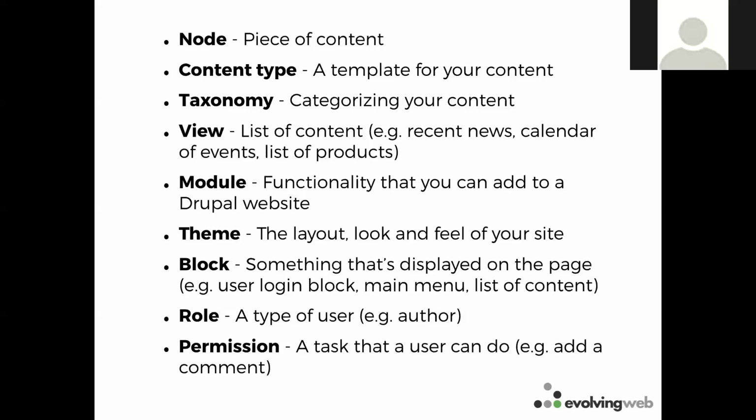And then the way that you customize what users can do, it's using permissions. So the word permission in Drupal just means a task that a user can do. So if you want to be able to add a comment to the website, you need to have a permission. So permissions are very easy to customize. You can have a lot of control over what different types of users can do.